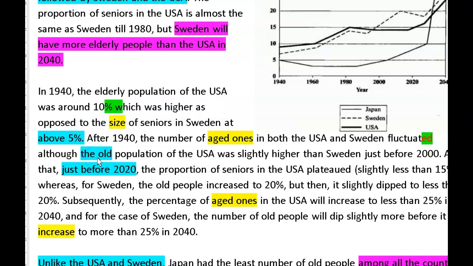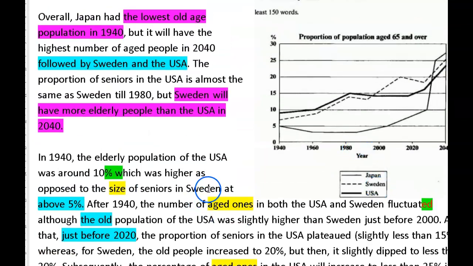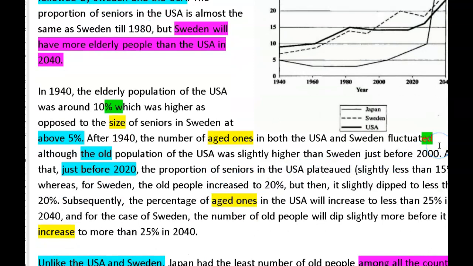After 1940, the number of aged ones. Oh God. Don't hunt for synonyms that you don't know if they work or not. Aged ones is not a combination of words that we find in the English language ever. Well, if you're talking maybe like in fantasy books or something, of the aged ones, both in the USA. Fluctuated, yay! Why did I mark that green?